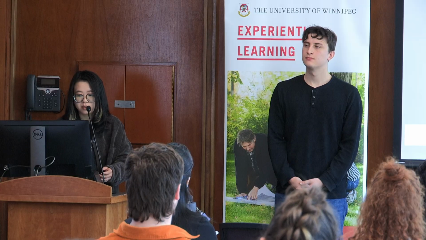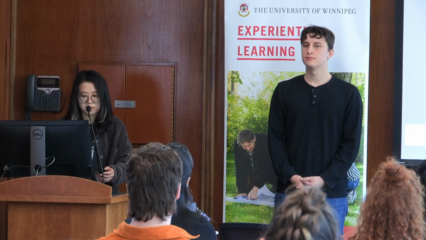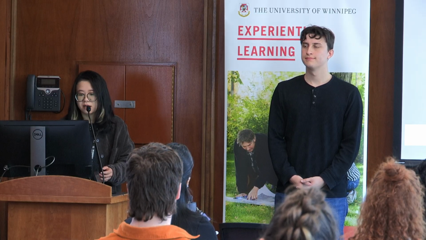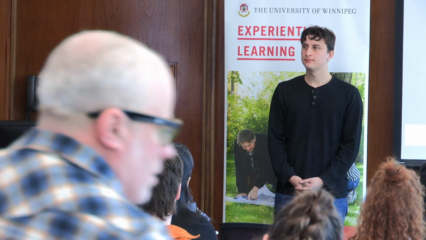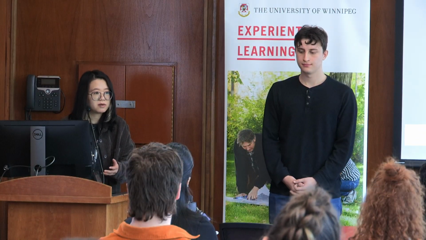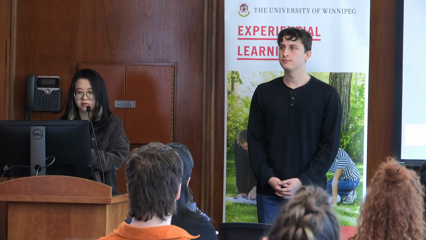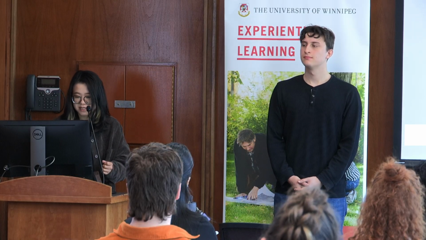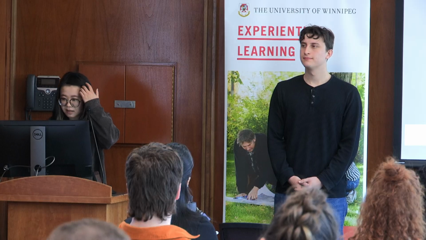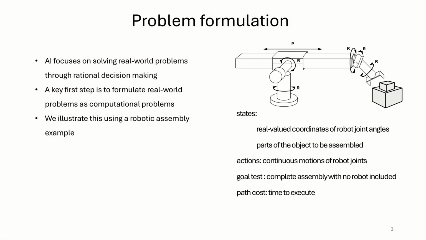This is the problem formulation. Then I used robotics as an example to show them how we can transform a real world problem into a math problem or a computer science problem. So this is the example I was using.